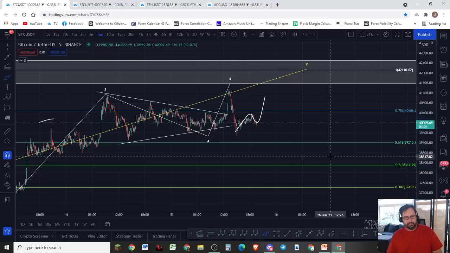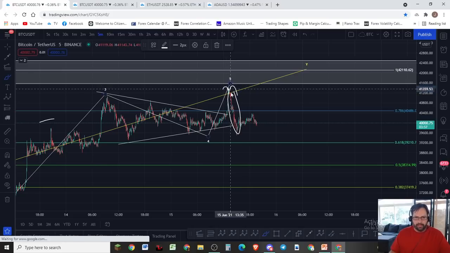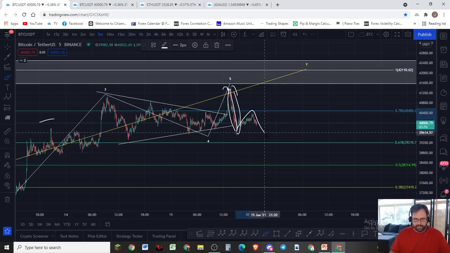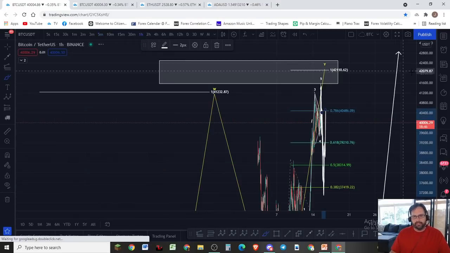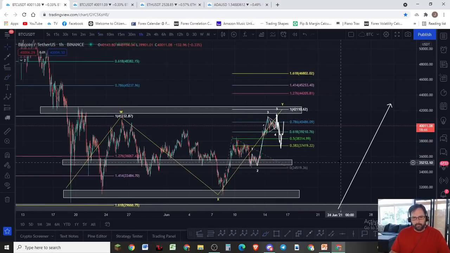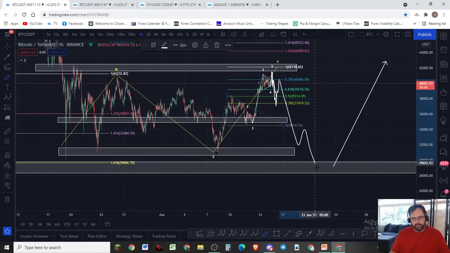There's all kinds of ways that could play out, but we have an impulse wave here, and if this is the top of wave 5, then this could be the first of many waves to come. We could get a 5-wave move, something like this, and then a 2nd wave up, and that would be, in the grand scheme of things, zooming out just a little bit, something like that. Boom, boom, boom, boom, boom, like so. So there's option number 1.